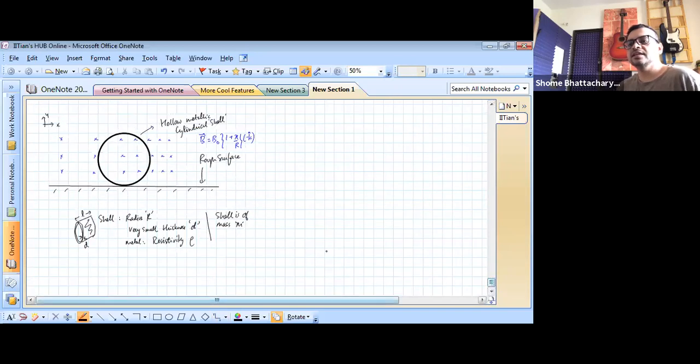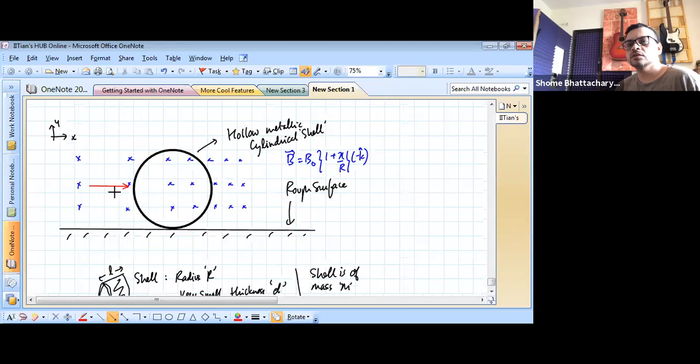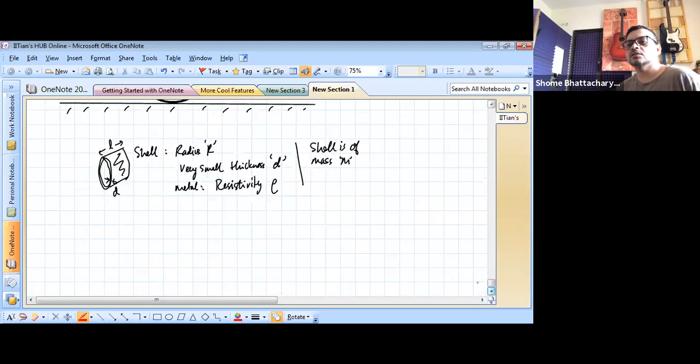Now the shell is initially at rest, and then what we start doing is applying a constant horizontal force. An external agent starts applying a constant horizontal force F whose line of action passes through the center of mass.